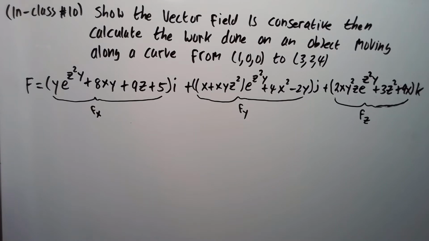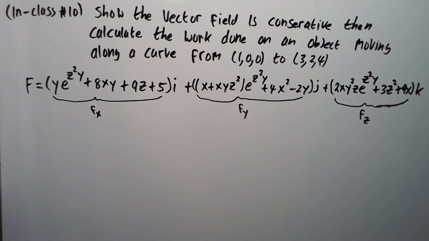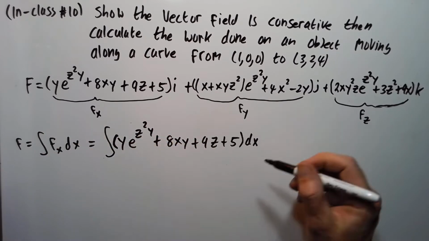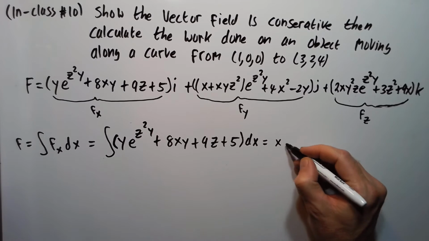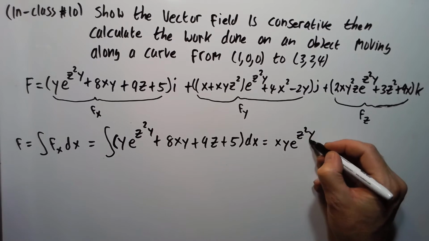Okay, so let's find the small f. We're going to integrate this with respect to x to find the small f. So let's do that first. My small f will be the integral of f_x with respect to x. So I'm integrating my i component. The first term doesn't have any x, so it's just x y e to the z squared y.